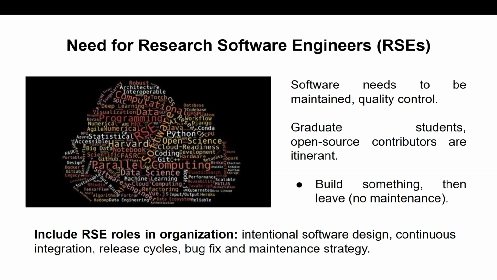Really what you need to do is include research software engineer roles in your academic organization. Sometimes open source projects will have this expertise, but sometimes they don't because there's no requirement for it. It's also a different skill set than the academic skill set that people building the software might have. You can cross-train people, and there are programs to cross-train research software engineers, but more often than not, you just have to help people acquire those skills.